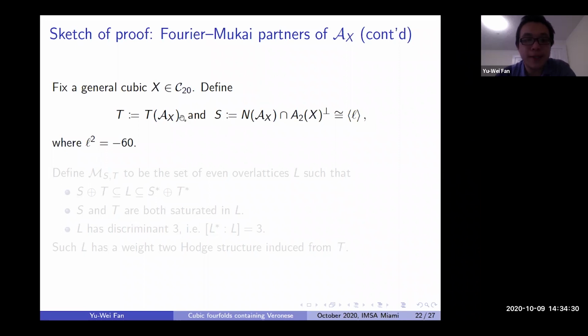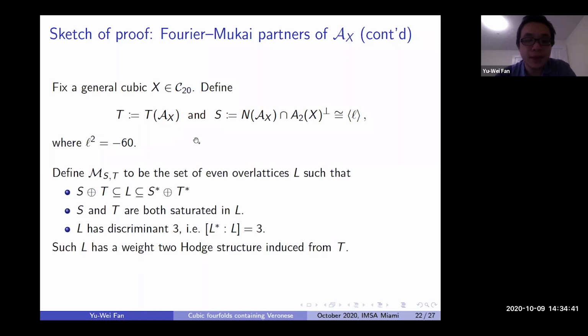So if we fix X, then we can fix these two lattices, where T has a Hodge structure. Given X, we induce this T and S, and then we denote by M_{S,T} the set of even lattices L to be the following.